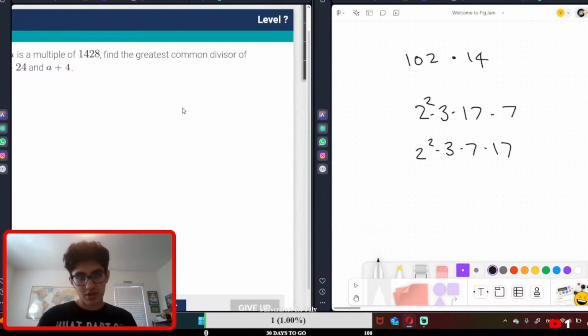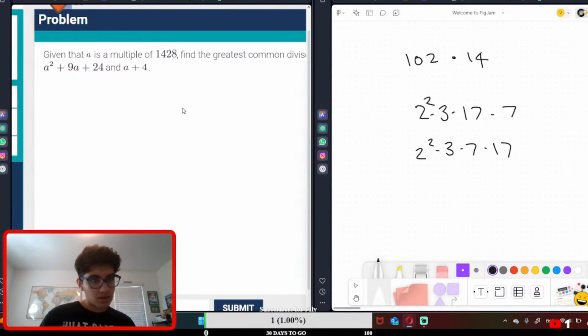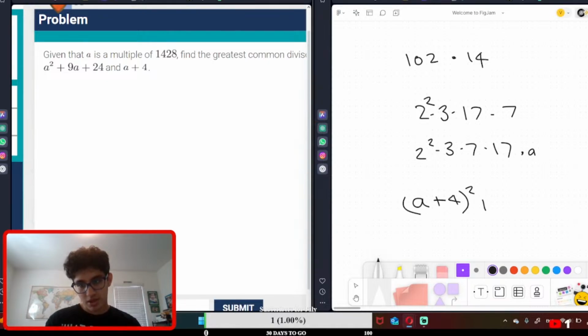Find the greatest common divisor of these two. A squared plus 9a plus 24, oh, it's a multiple of this. So it's this times a. Let's see if we can do something with these two. A squared plus 9a plus 24 is a plus 4 squared plus a plus 8, right?